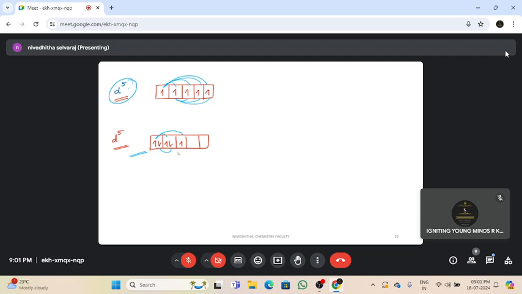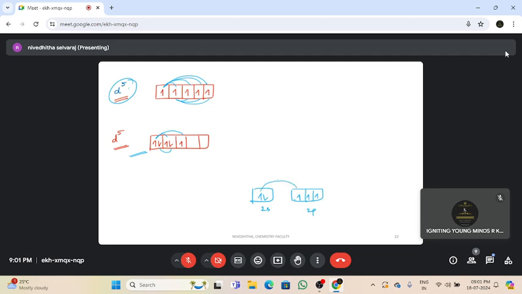Whenever they are present in the same energy level, since they are of the same energies, only exchange is possible. If an electron is present in lower energy and the other electron is present in higher energy, exchange is not possible there. For example, if I have 2s electrons and I have 2p electrons, here I have 2 electrons, here I have 3 electrons.